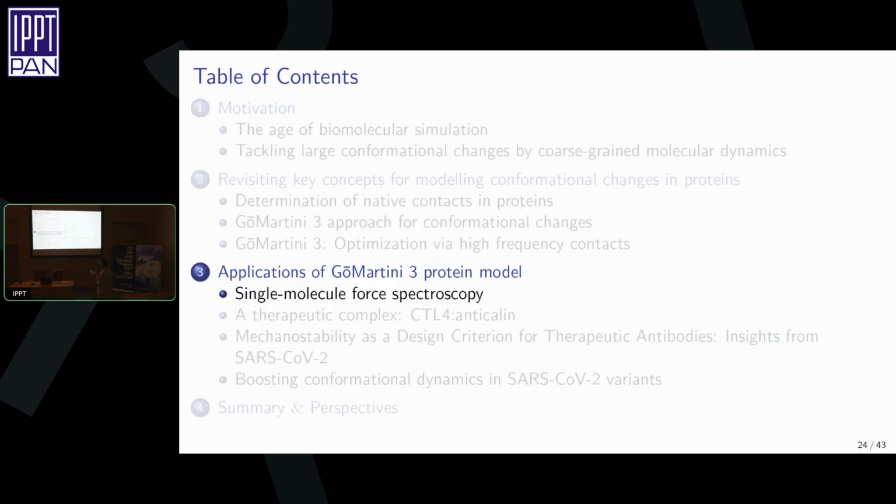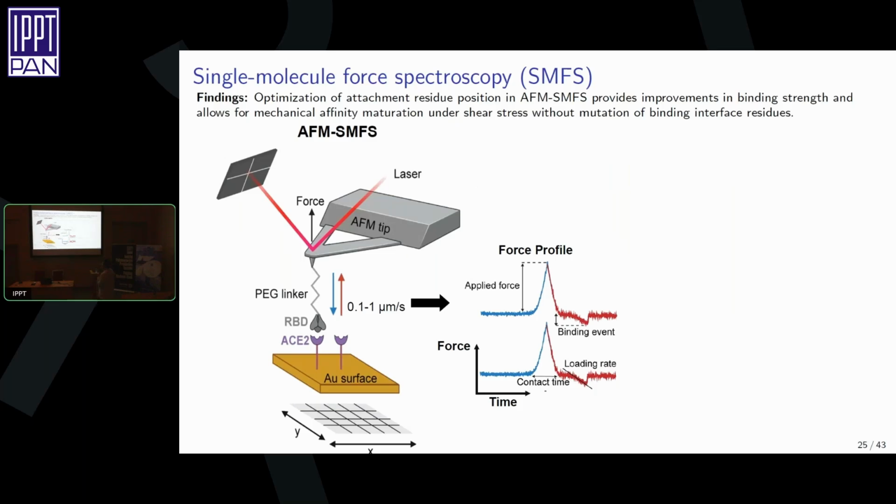So some of them are a little bit old, but they are the basis of the GōMartini. So single molecule force spectroscopy has been used, in my group actually, to validate our experiments. In collaboration, of course, with experts from the AFM community, for instance, for the case of the ACE2 and RBD from the spike of SARS-CoV-2.